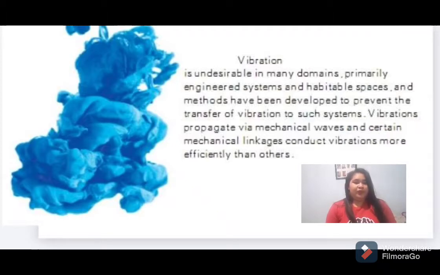the transfer of vibration to the structure. Vibrations propagate via mechanical waves, and certain mechanical linkages conduct vibration more efficiently than others.